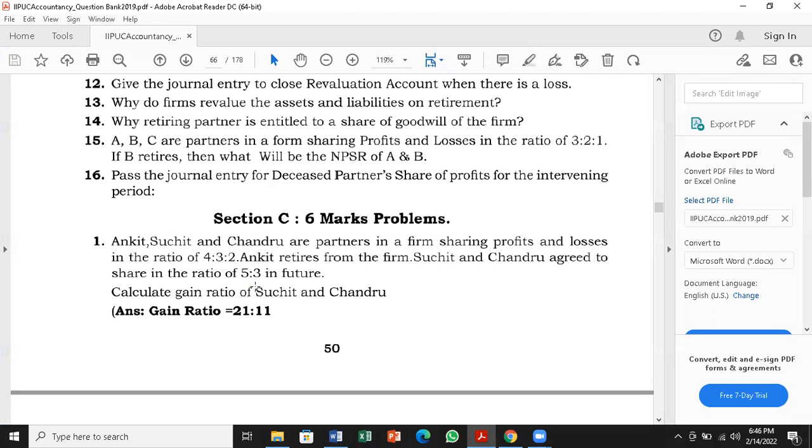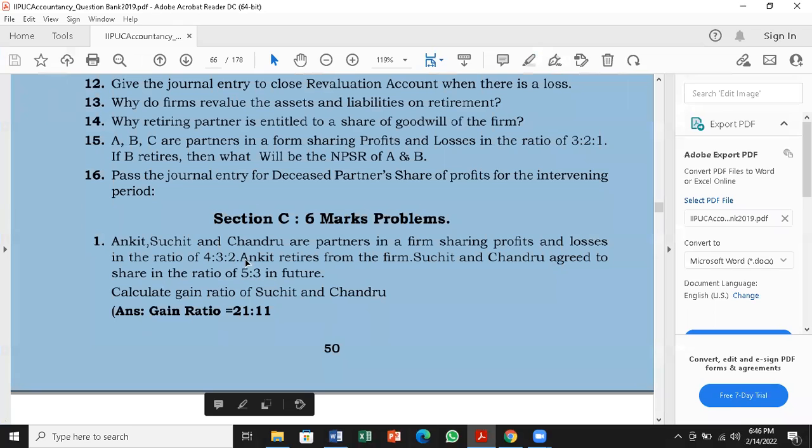Suchit is the second partner. 4:3:2. So 3 belongs to Suchit. So 4 plus 3 plus 2 is 9. So 3/9.